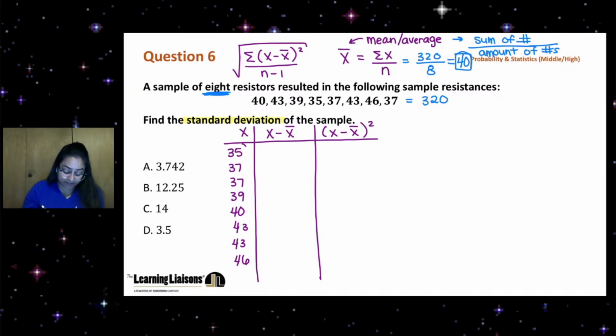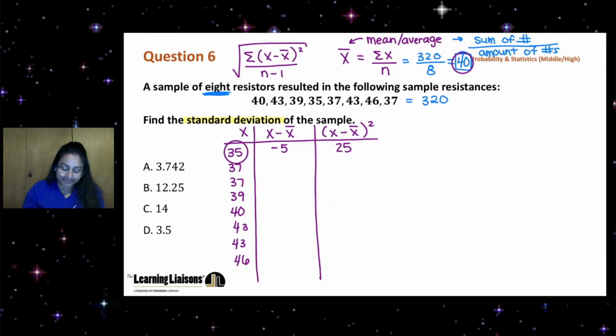It says take the number, which is x, and subtract the mean, which is 40. So 35 minus 40 is what? -5. And you can go straight all the way across if you'd like to. And then we would do -5 squared. And -5 squared is -5 times -5, which is 25. And now the first guy is done.